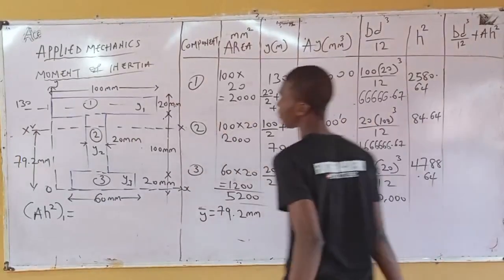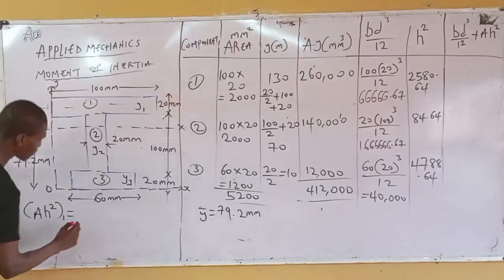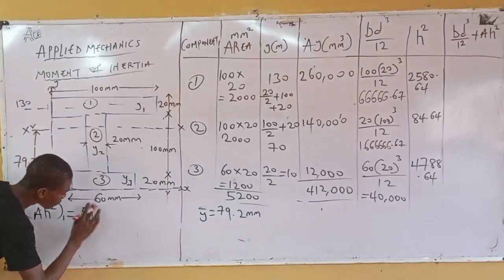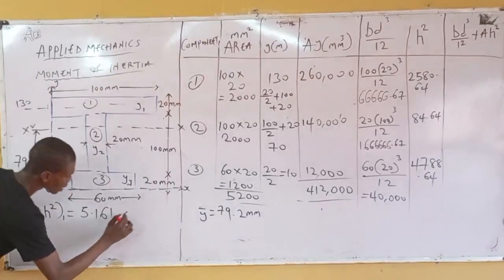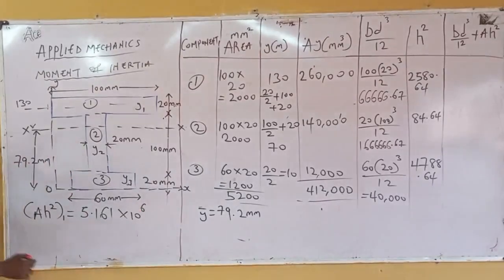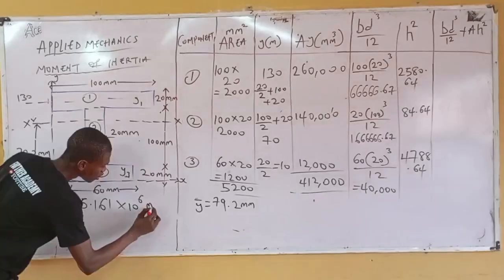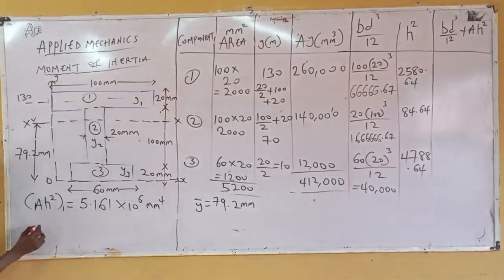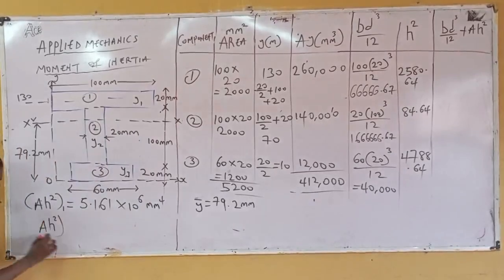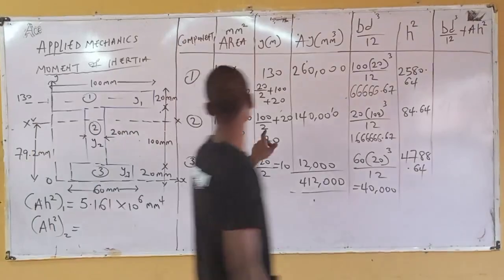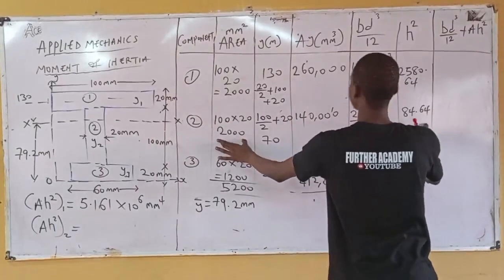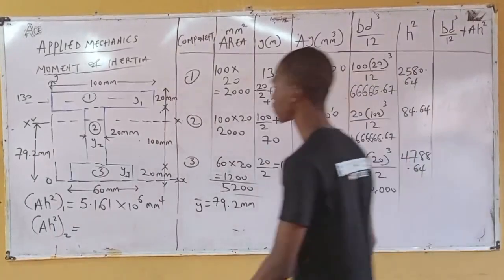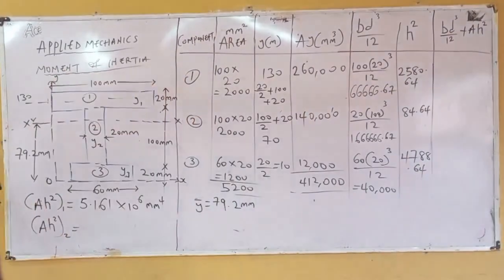So what's the answer? 5.161 times 10 raised to power 6 mm raised to power 4. Then AH square of component 2. Meaning the area here, 2000 times 84.64. What's the answer?